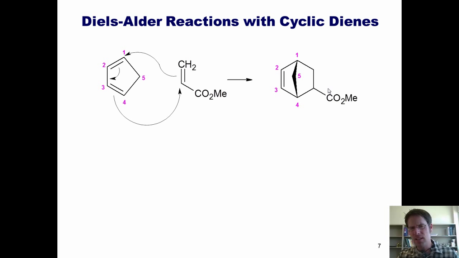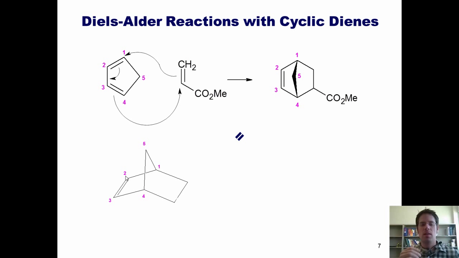This is a little easier to see if we redraw the molecule to look like this. As you can see, carbon 5 ends up pointing up like this. This type of carbon in this unusual bicyclic compound is known as a bridgehead carbon because it kind of looks like a little bridge between carbons 1 and 4.